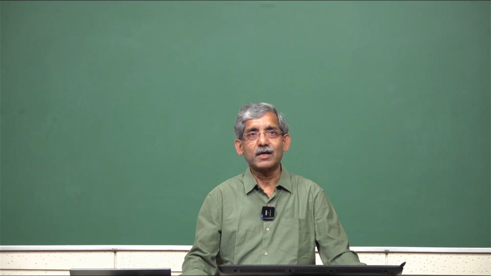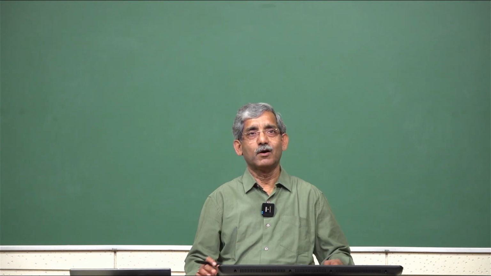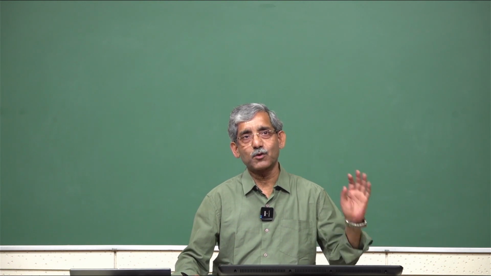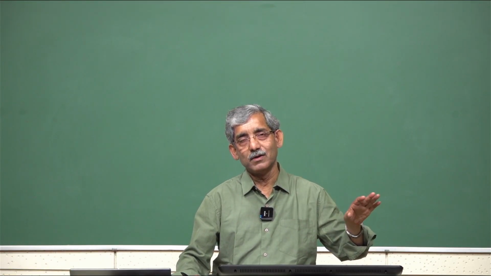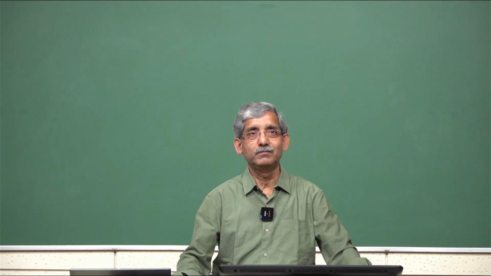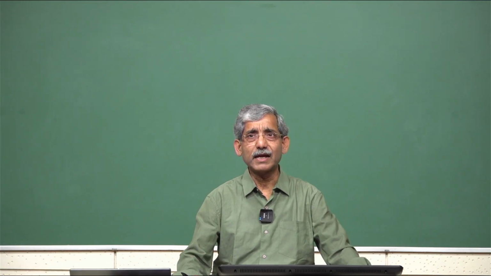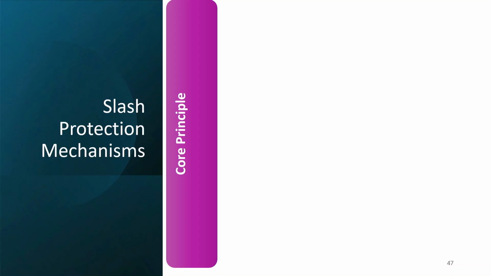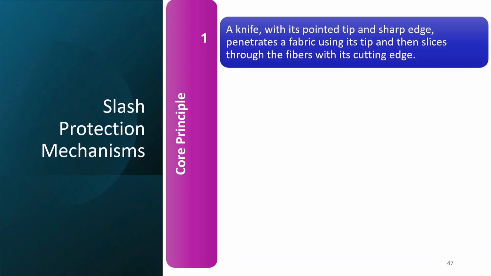Let us try to understand the mechanism of slash protection, how this slash protection mechanism is different from cut or stab type threats. So, the core principle is that a knife with its tip and sharp edge penetrates the fabric using its tip, then slices through the fiber with the cutting edge.